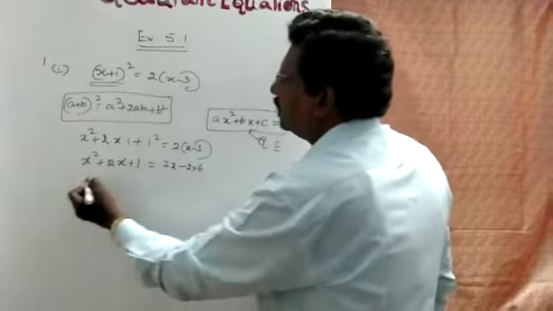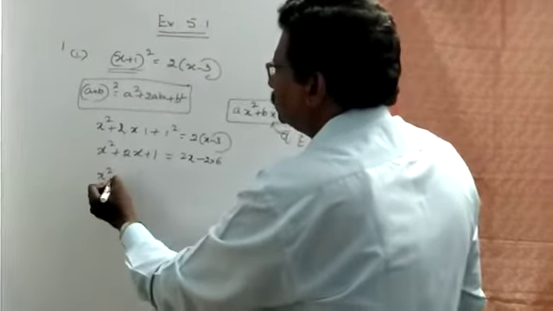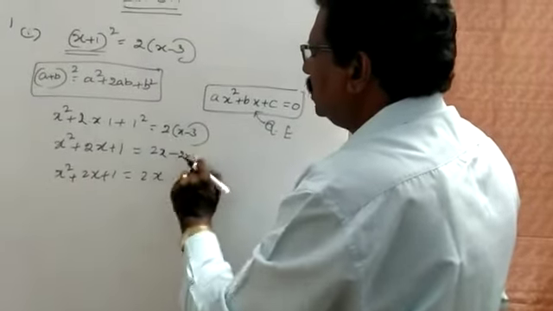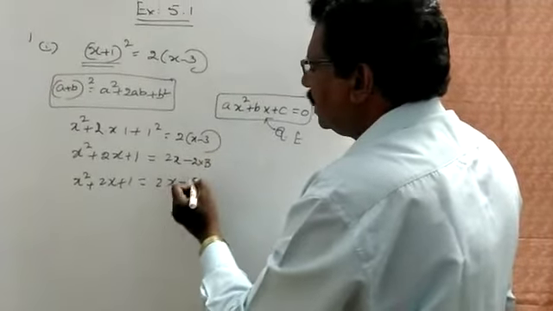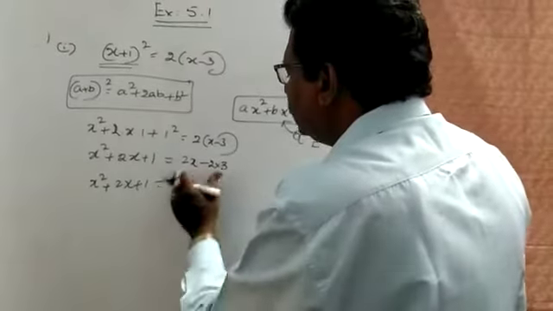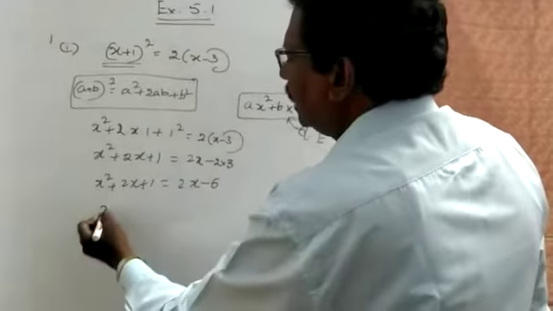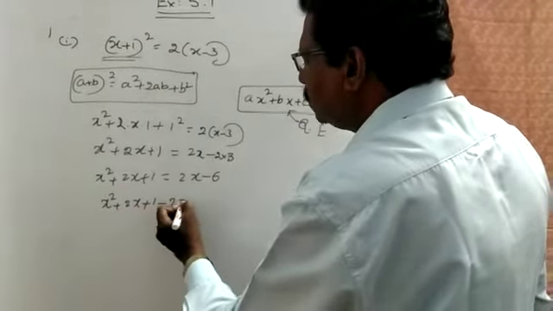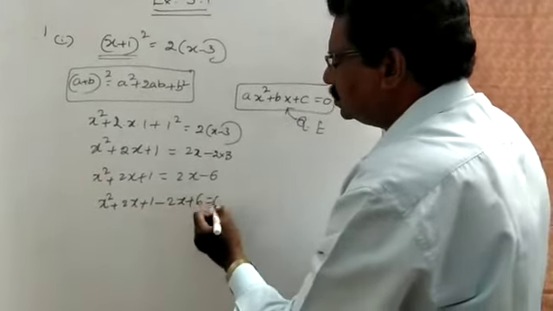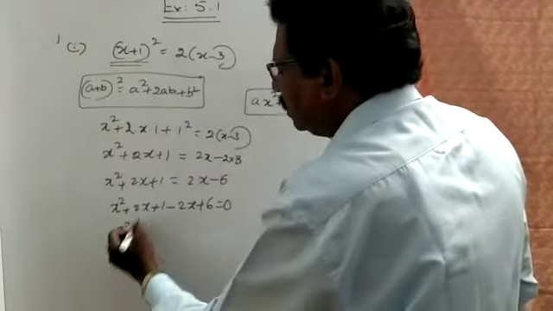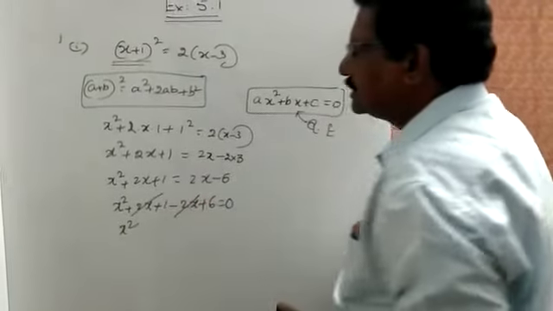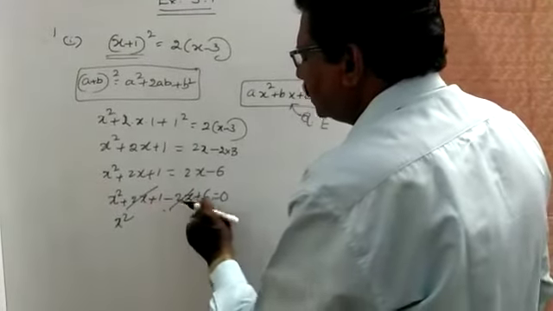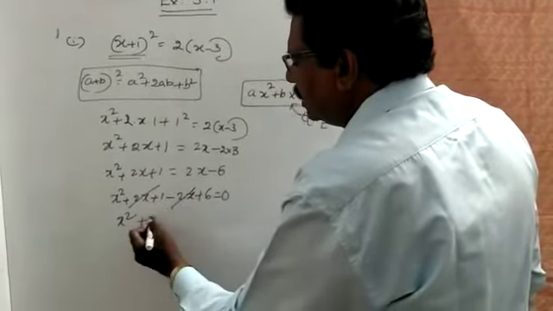Again you have to write x square plus 2x plus 1 is equal to 2x, 2 threes are minus 6. Take these two values to the right side. x square plus 2x plus 1 minus 2x plus 6 equal to 0. So x square stays, 2x and minus 2x cancel. 6 plus 1 is 7. That is equal to 0.